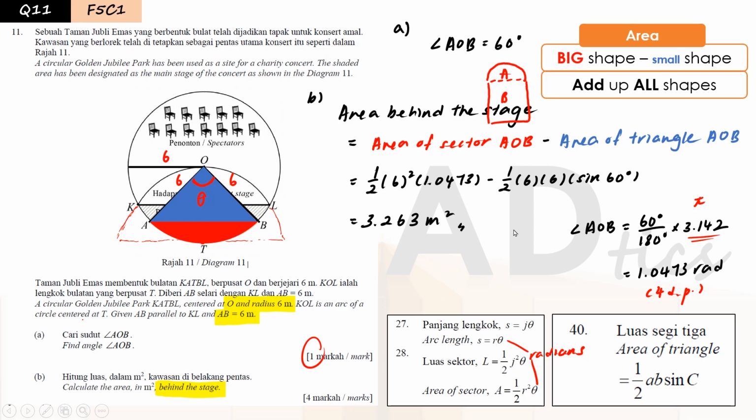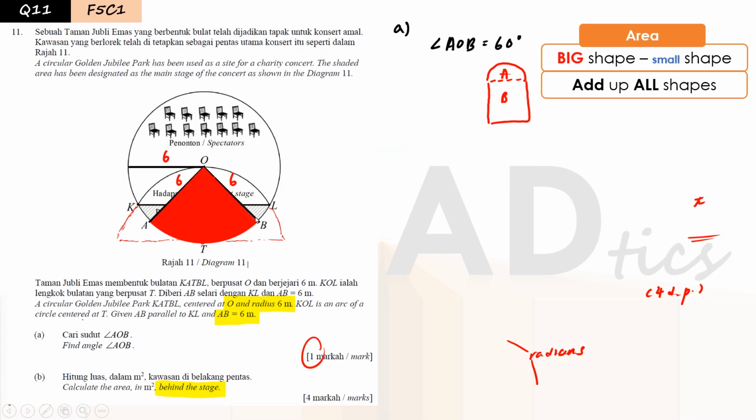There's one thing I'd like to let you all know for this question. This question is actually quite tricky, because if you look at all the information given here, this one is not used. KOL is an arc of a circle centered at T. This is, I would say, a trap to confuse students. Also for part B, it says behind the stage, but they are actually shading the area of the main stage.